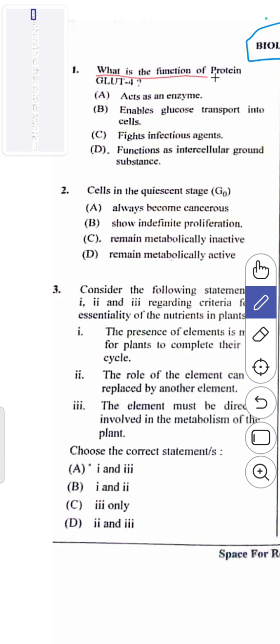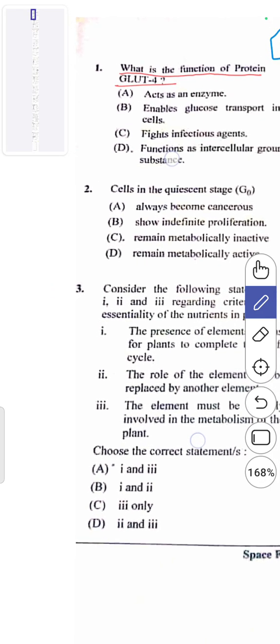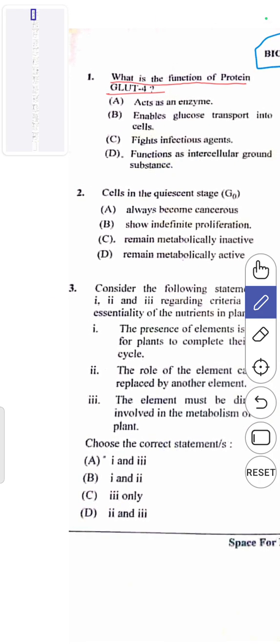What is the function of protein GLUT4? So they are asking regarding the function of proteins. This is from the biomolecule chapter, that is first PU syllabus. In that chapter they have given protein functions in a tabular column.